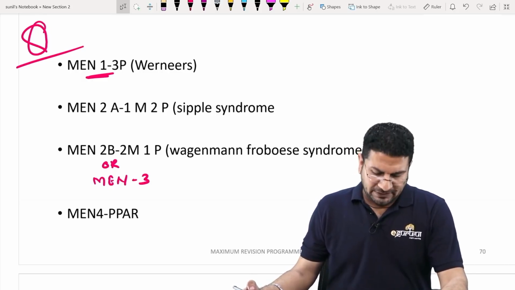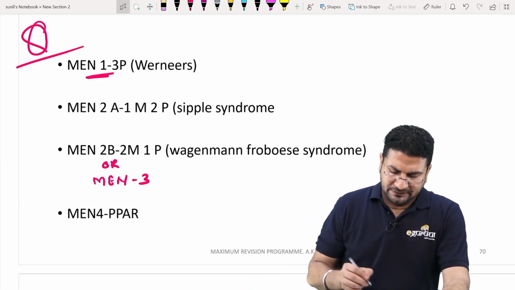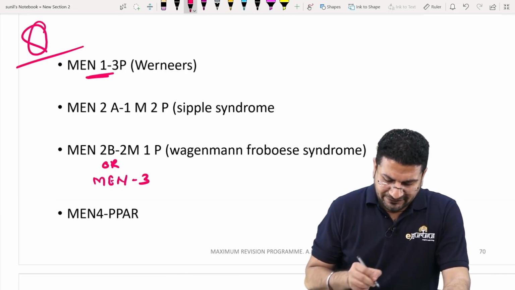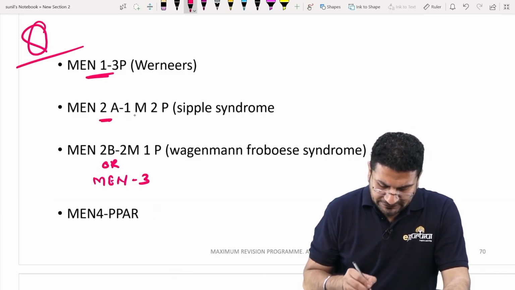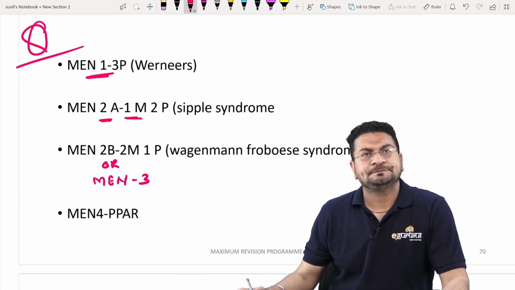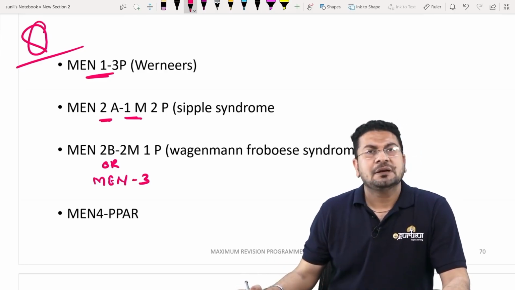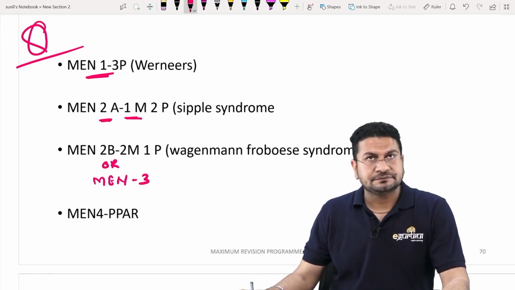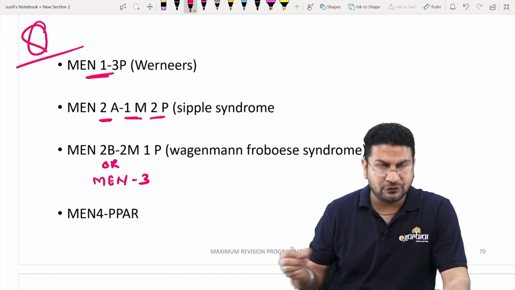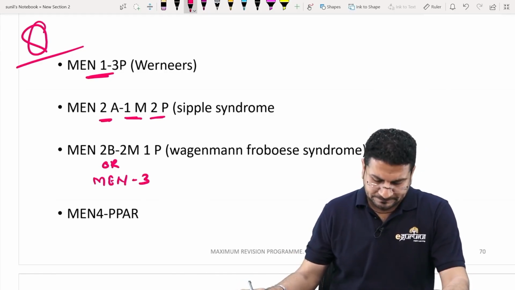MEN 1 is 3P: pituitary, parathyroid, pancreatic tumor. In MEN 2A you will see 1M and 2P. There will be medullary carcinoma of thyroid, pheochromocytoma and parathyroid tumor.